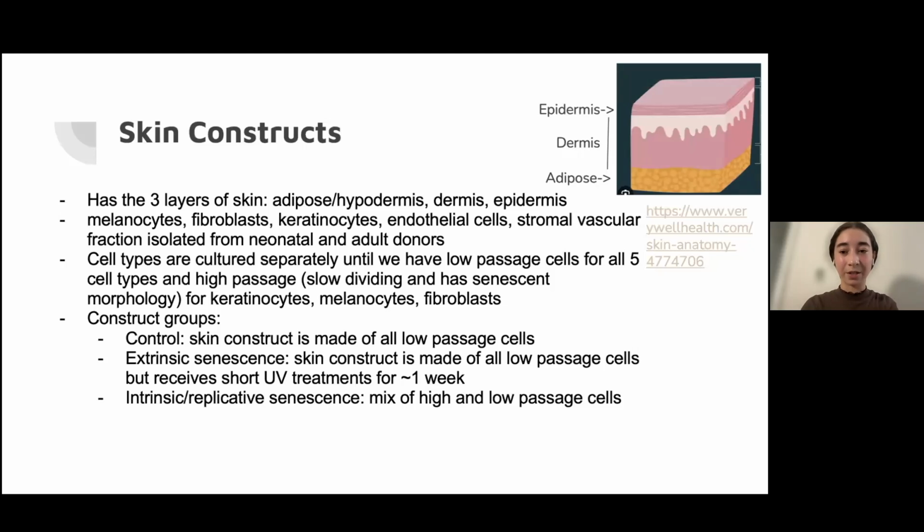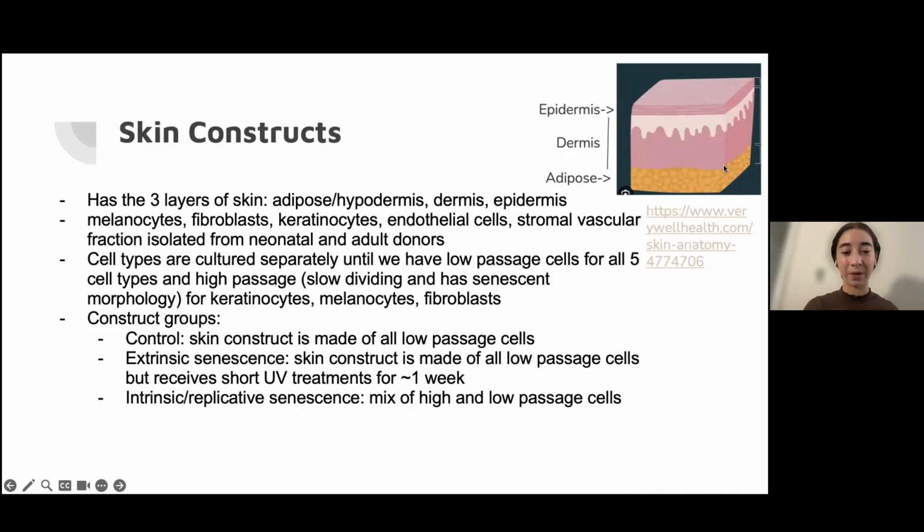So our skin constructs are very much like regular skin. They have the 3 layers of skin, so the adipose, the dermis, and the epidermis. And they contain cell types that are melanocytes, fibroblasts, keratinocytes, endothelial cells, and stromal vascular fraction, which is like adipose cells and a combination of a few other cell types.